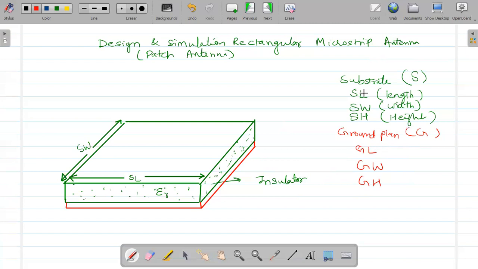So the substrate length and the ground plane length are the same, equal to SL. We are going to use the same length and same width for the ground plane, SW, and GH is equal to MT, where MT is metal thickness.